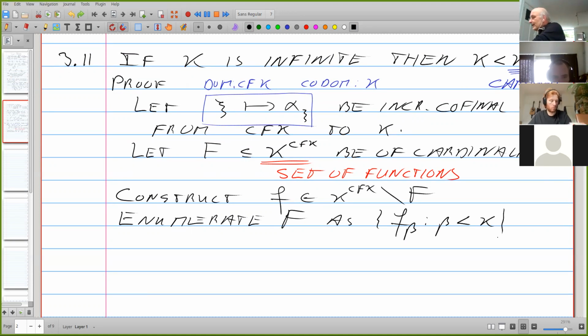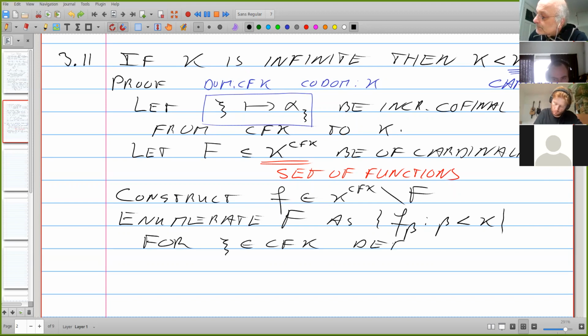Alrighty. And so how do we make our function from the cofinality of kappa to kappa? So the xi refers to a member of cofinality kappa, which happens to be an ordinal.